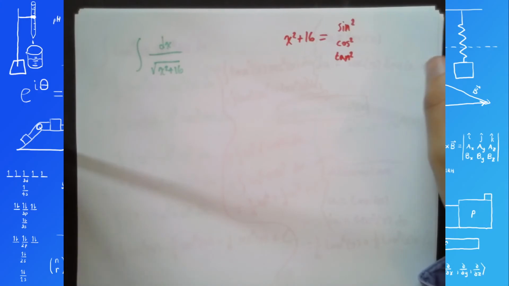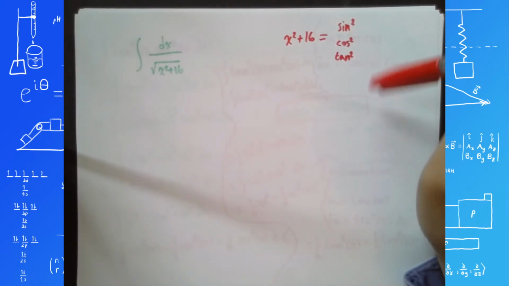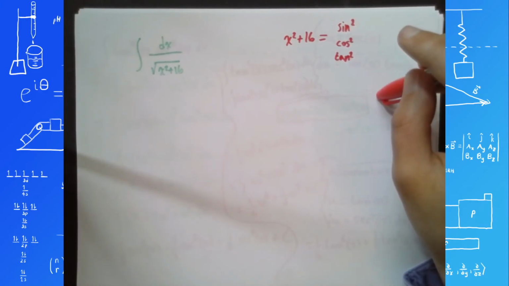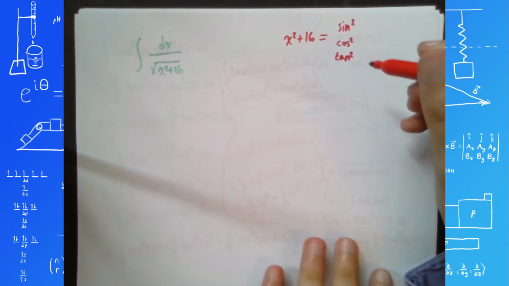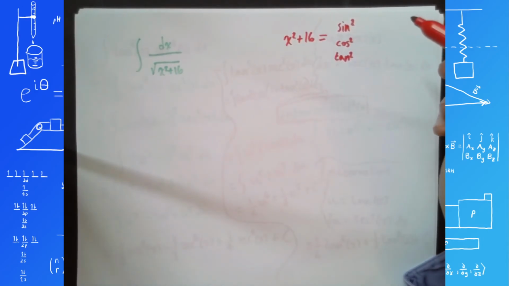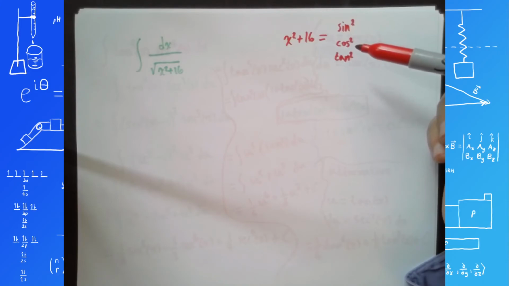When I see addition, I'm trying to make a secant squared or a cosecant squared. Technically, you don't even need to consider cosecant because, how do I say this? Anything that works for cosecant would work for secant when it comes to trig substitution.